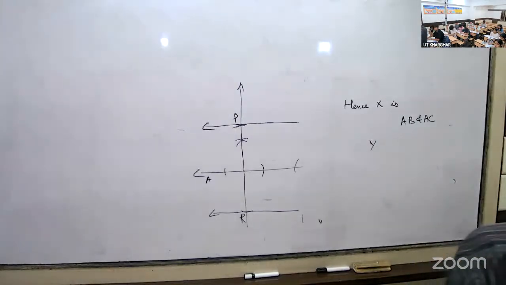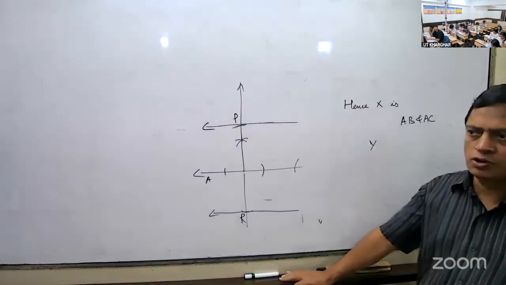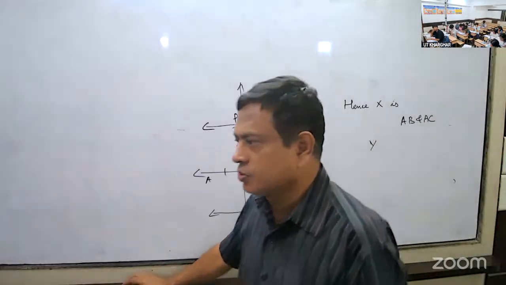Reason: locus of a point equidistant from two given points is the perpendicular bisector of the segment joining the points.